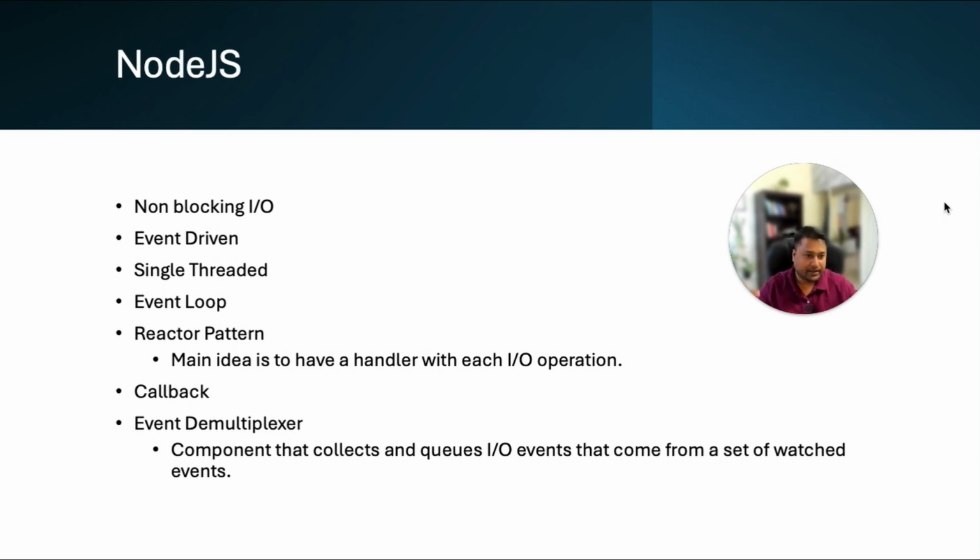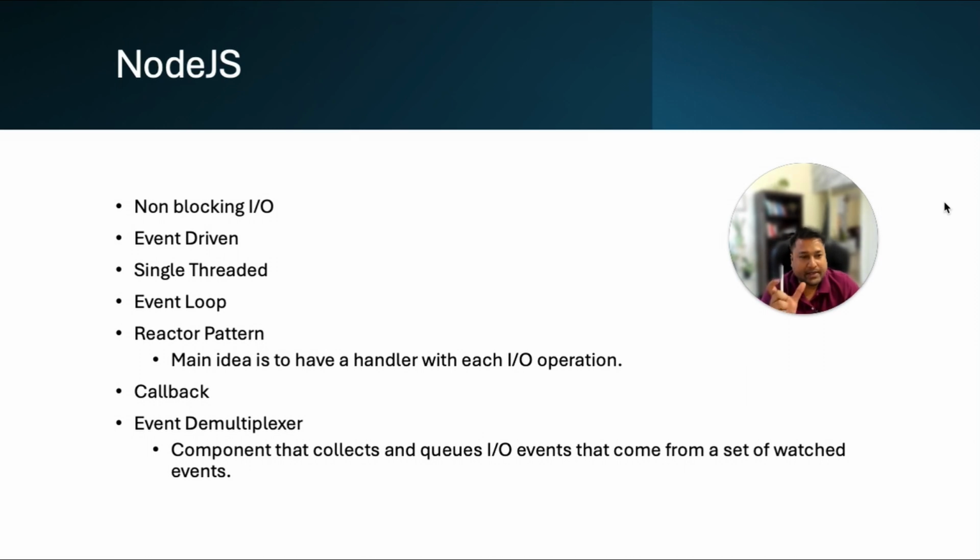Whenever it gets an idea that some activity has happened, it will take that activity, convert it to an event, and put it into an event queue, and from that event queue your event loop will pick it up and start executing it, right?